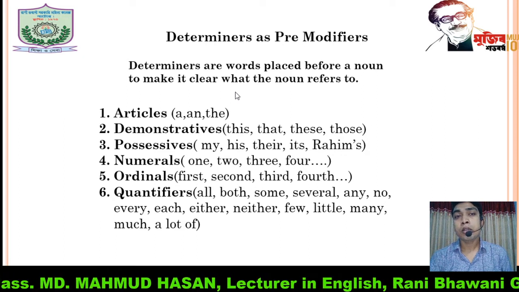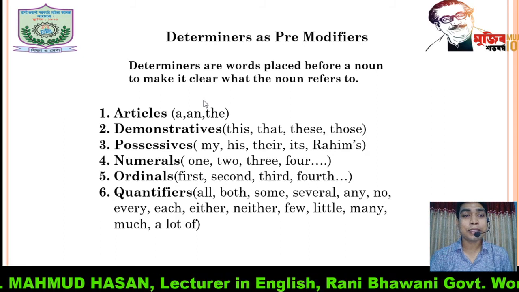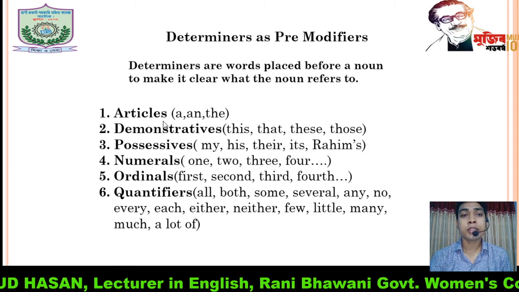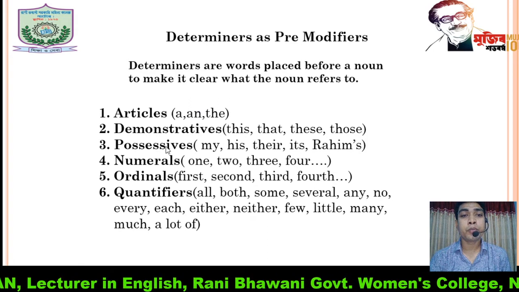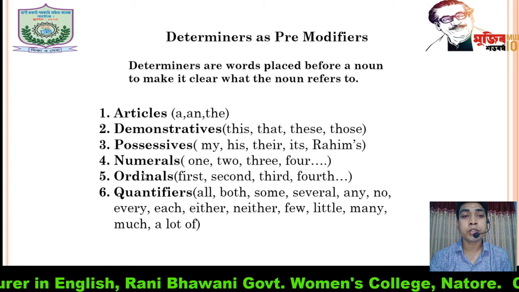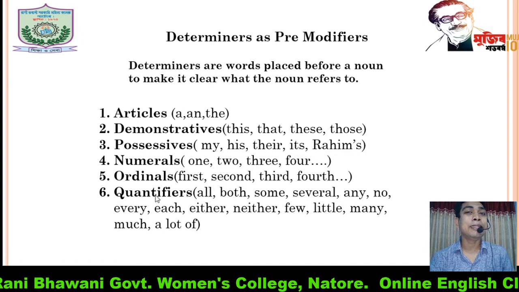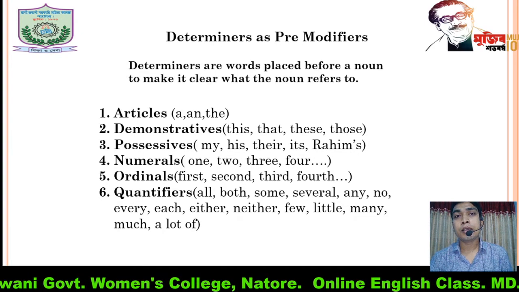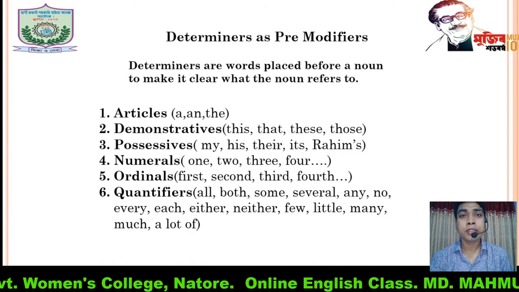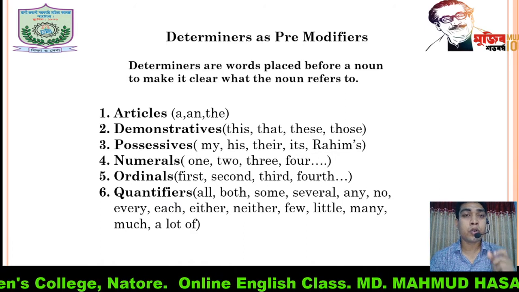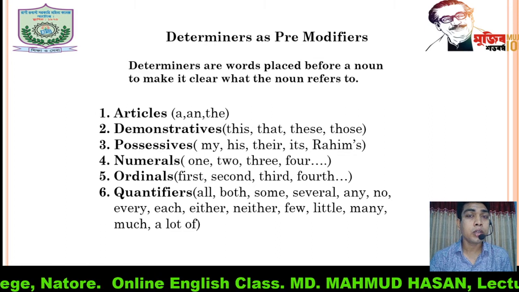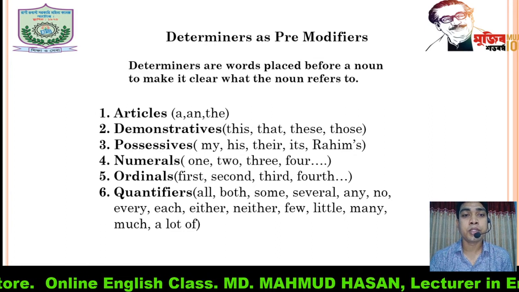Which are determiners? Actually, in grammar, articles, demonstratives, possessives, numerals, ordinals, quantifiers, all these are used as determiners. All these are called determiners.